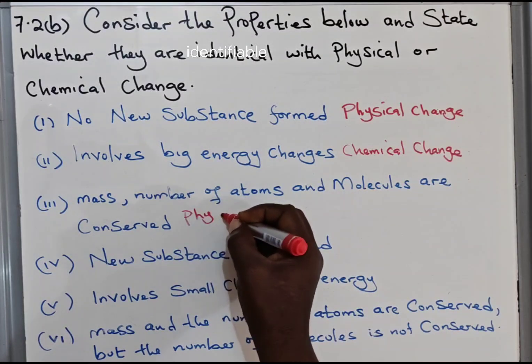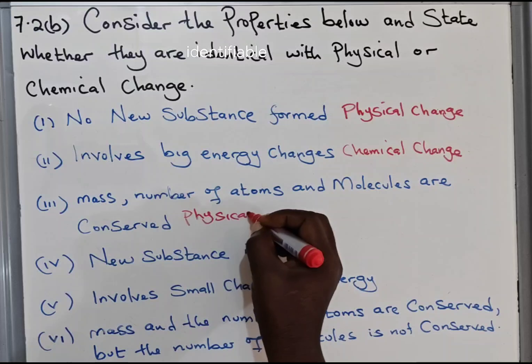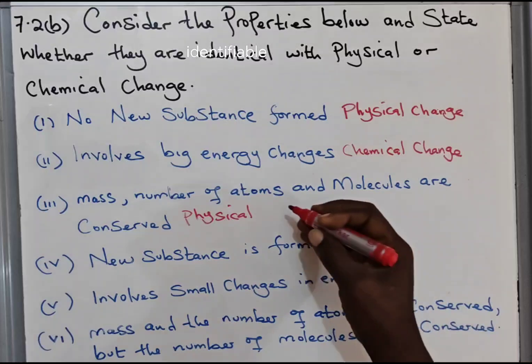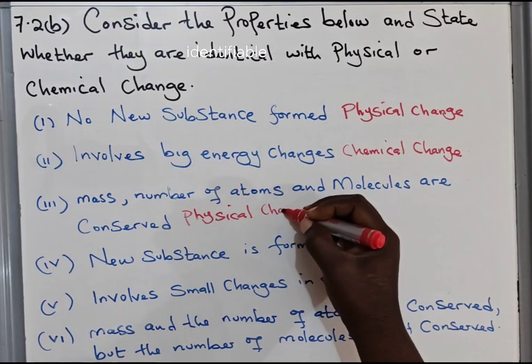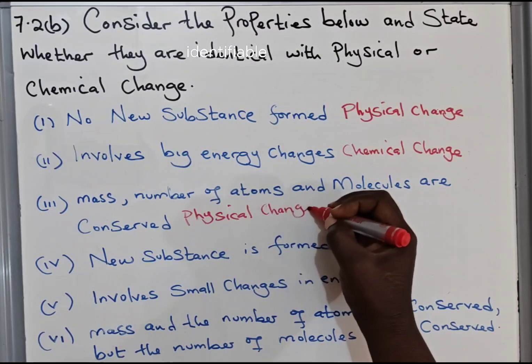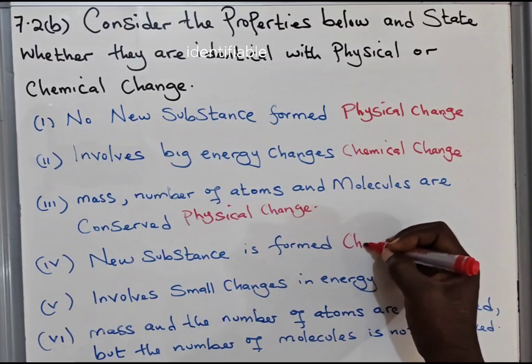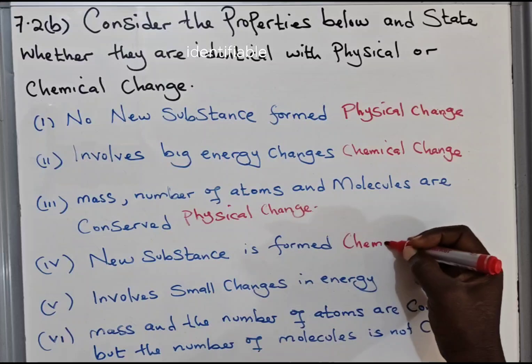During physical change, the mass, the number of atoms, and the number of molecules are conserved. Then we come to this one: new substance is formed. This one is identifiable with a chemical change.